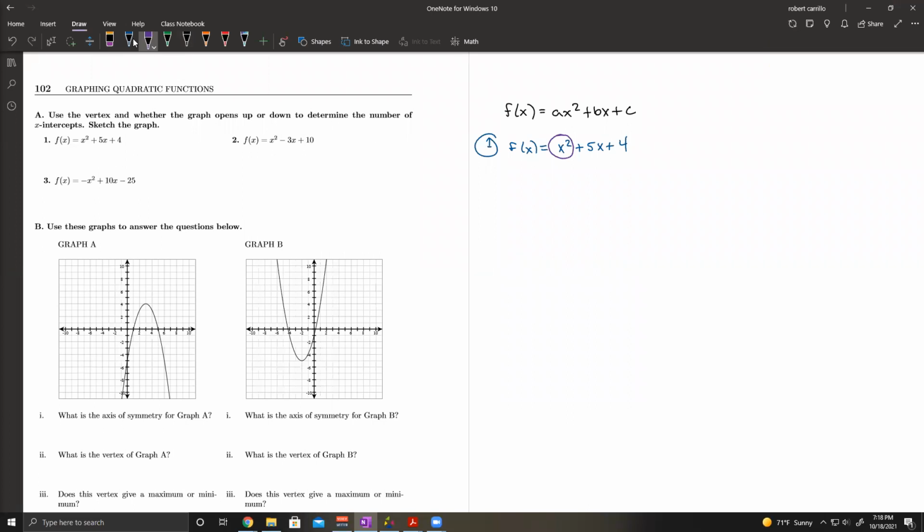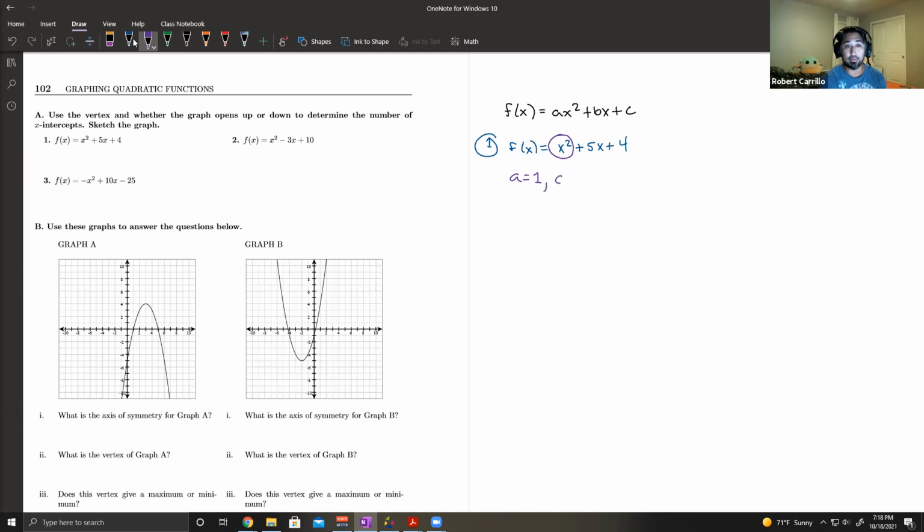Nope. The coefficient, what is the number in front of that x squared? 1, positive 1. Good. A is 1. And is that a positive number? Yes. So since that is a positive 1, this means our parabola will open up.